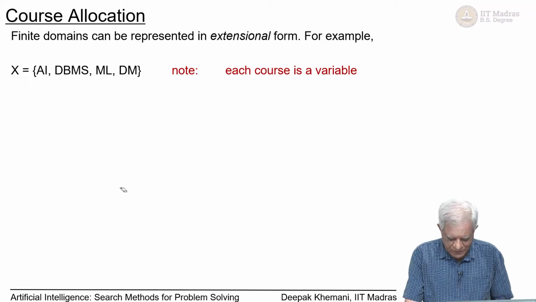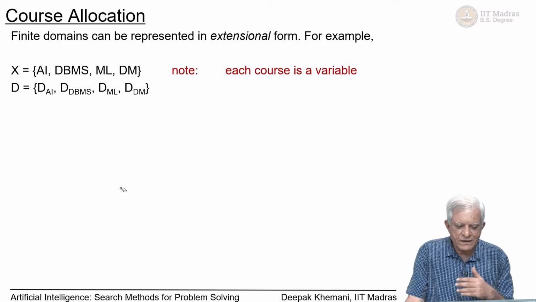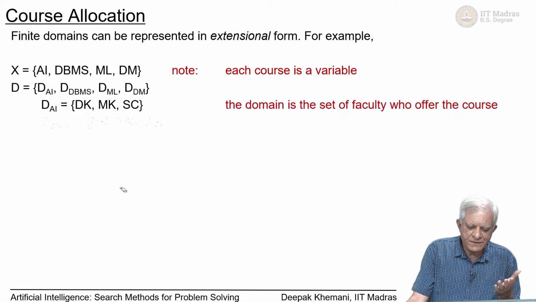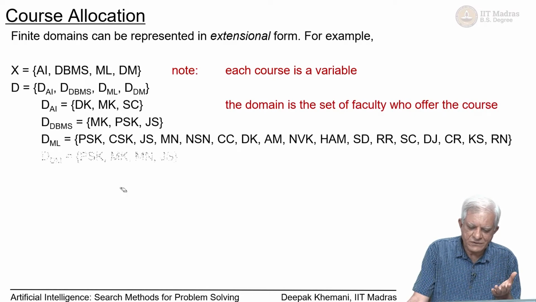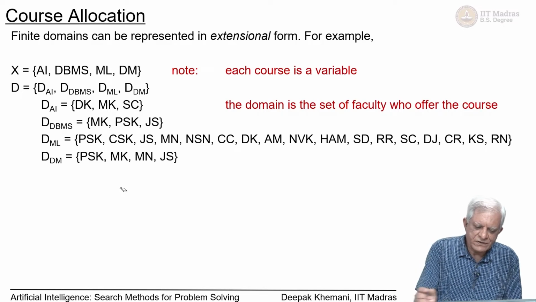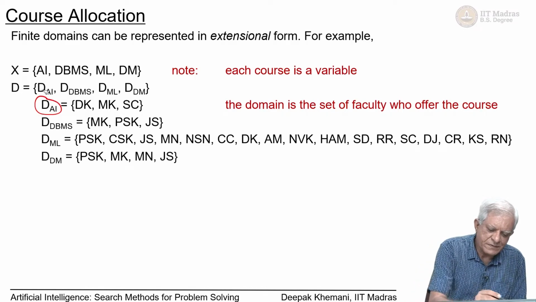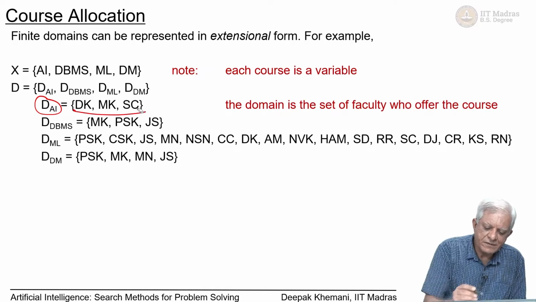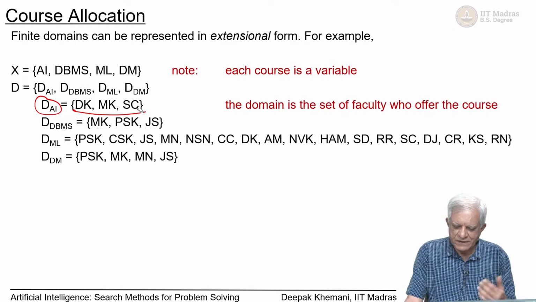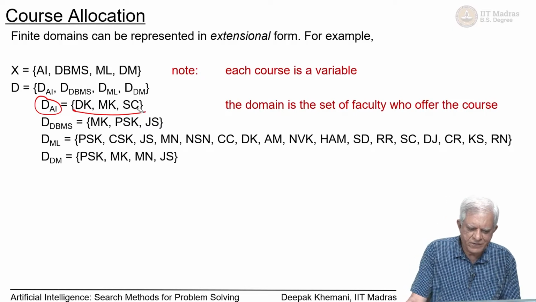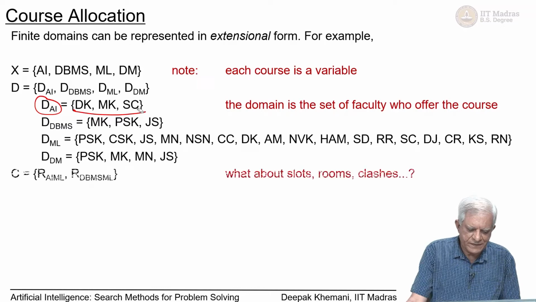What will be the value? The domain of the variables would be, for example, the faculty members who teach that course essentially. So, the domain of AI, for example, may be these 3 faculty members who can teach that course, and likewise for the domain of every other course that we have mentioned here. We have mentioned 4 courses: AI, database management systems, machine learning and discrete maths essentially. So, these are the domains essentially.